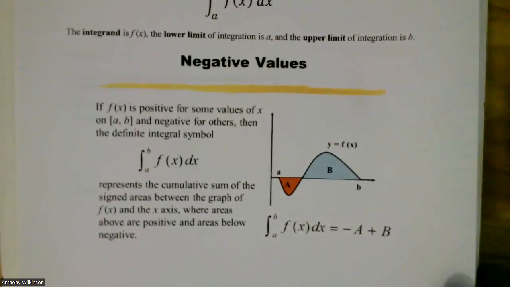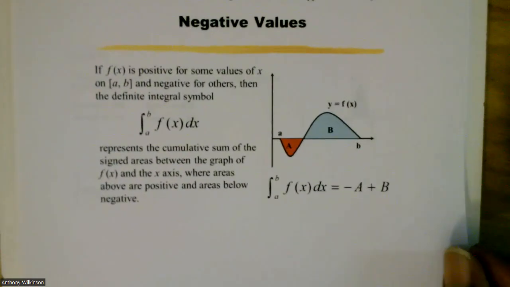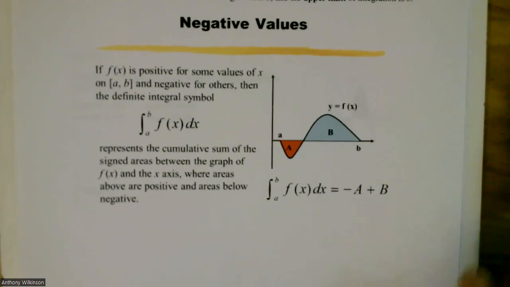Now, let's talk about negative values here, because the first few examples that I will give you deal with negative values. And you'll be given a graph of a function y equal f of x.